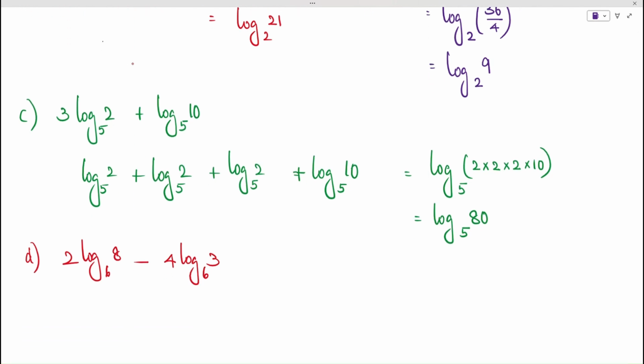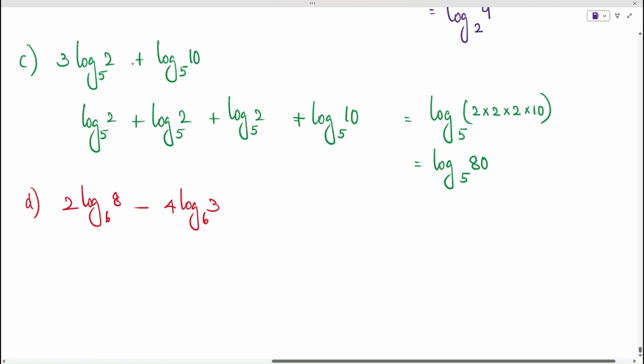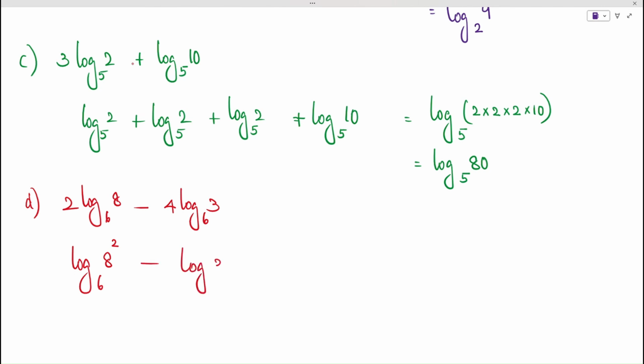We can simplify this down to log of 8 squared, 8 to the power of 2 base 6. So the 8 to the power of 2 would be the value that we put into our log. And we have minus log of 3 to the power of 4 to base 6.